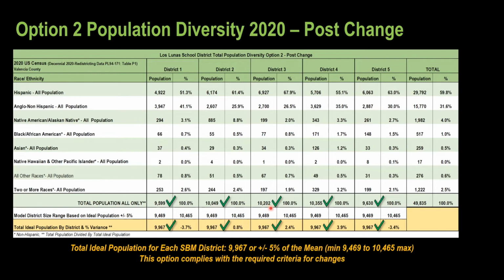District 3 at 10,202, we're above 2.4%. District 4 at 10,355, we're above at 3.9%. And District 5 at 9,630, we are slightly below at 3.4%. Again, all districts meet the plus or minus 5% of the mean.